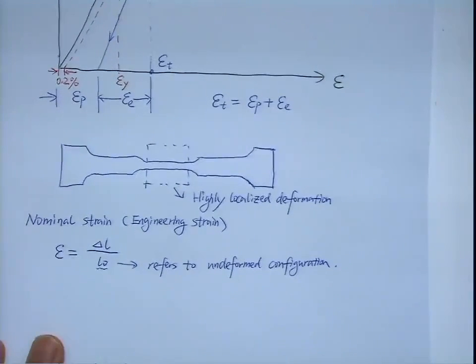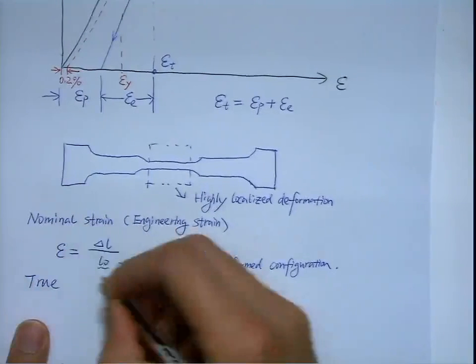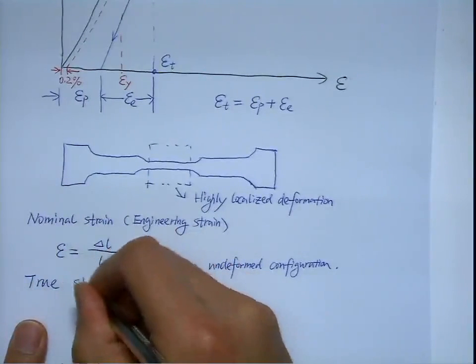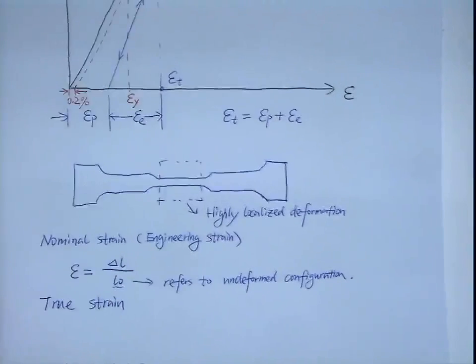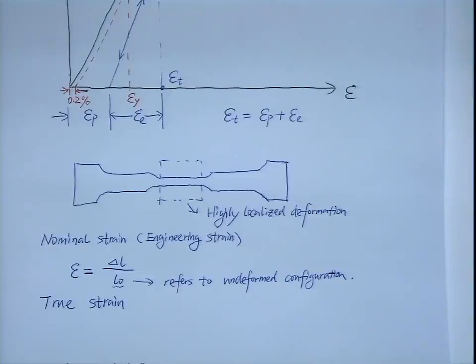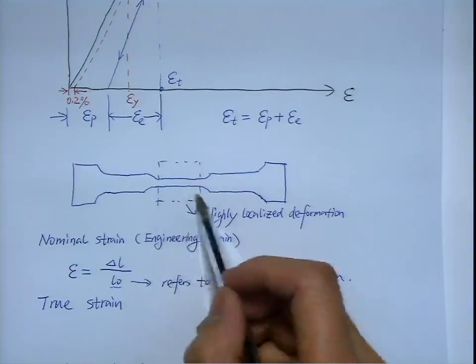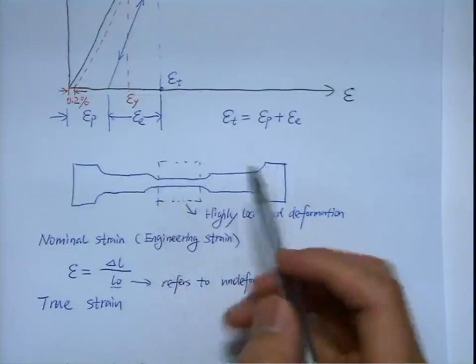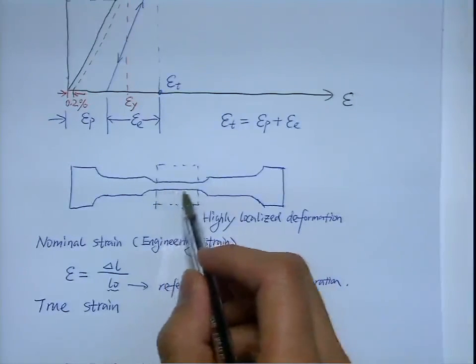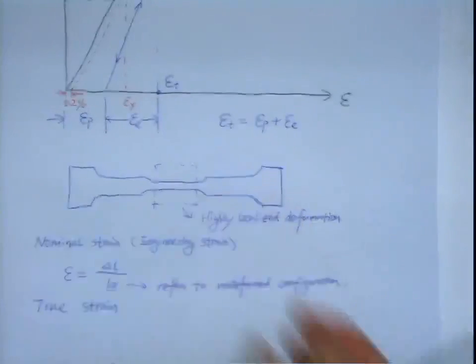But there is another measure which you probably heard before, called true strain. What true strain means is, because you actually have a necking effect, in that part the localized strain is much higher than the rest of the material.